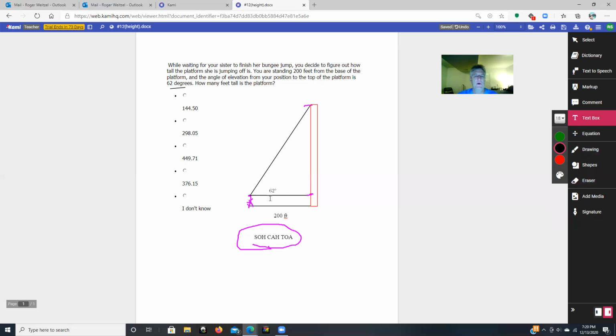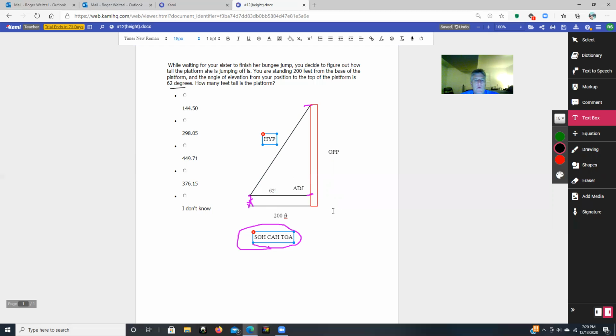We are going to say, in reference to this angle right here, this is opposite. This is adjacent. And this is hypotenuse.